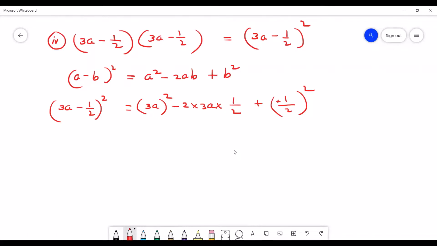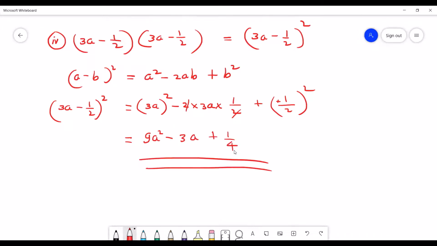But here using minus and plus, second time using minus and plus, we can commit mistake. So this is equal to 3a square means 9a square minus, this 2 and 2 will get cancelled, then we will get here 3a only, then plus 1 by 4. So this is the answer.